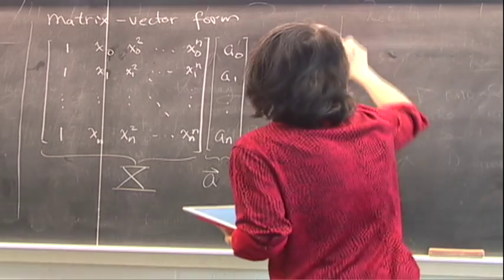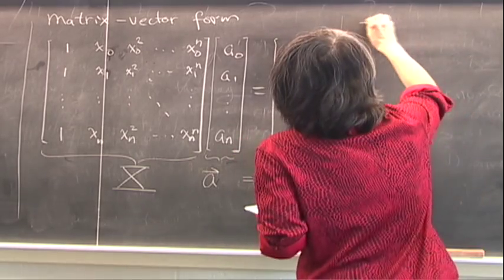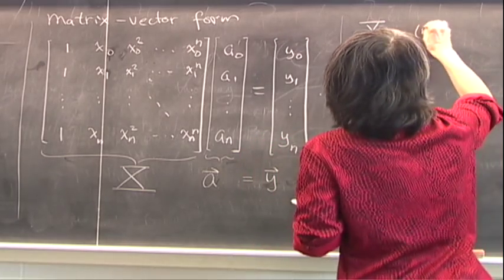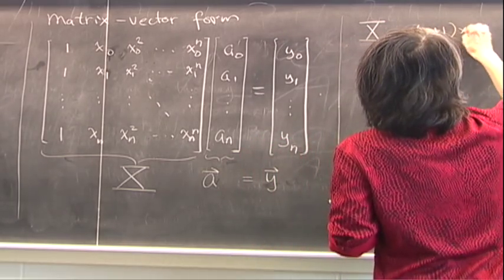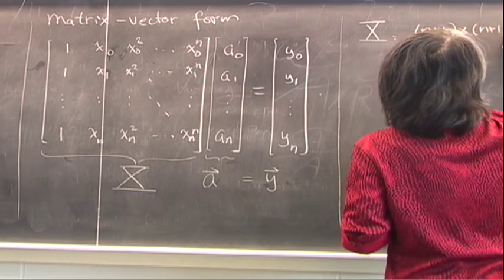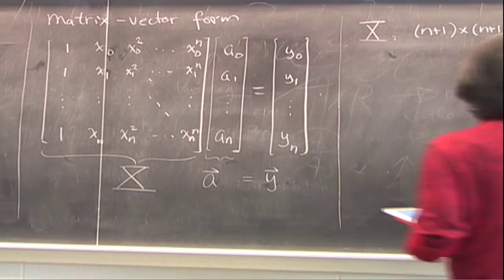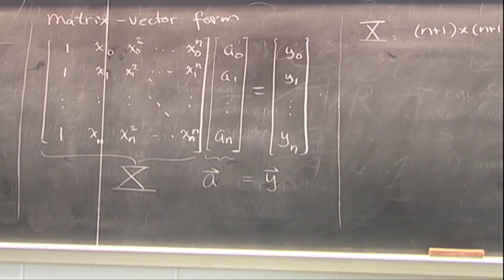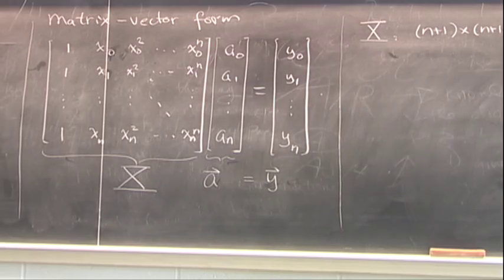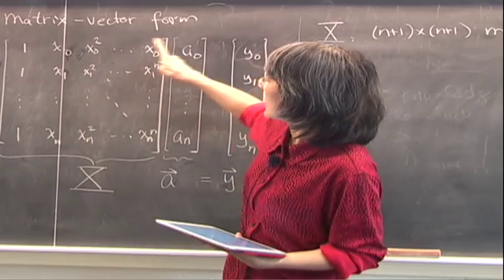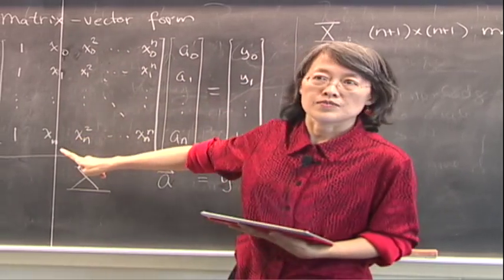Okay, so let's talk a little about this matrix here. This capital matrix X is an n plus 1 by n plus 1 matrix. It's a special matrix designed for this purpose of polynomial interpolation, and you see that what's in this matrix here are only these data points of x, right?